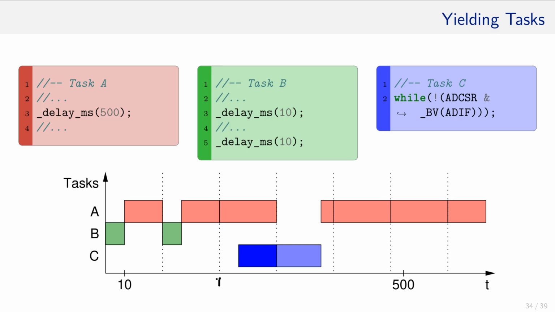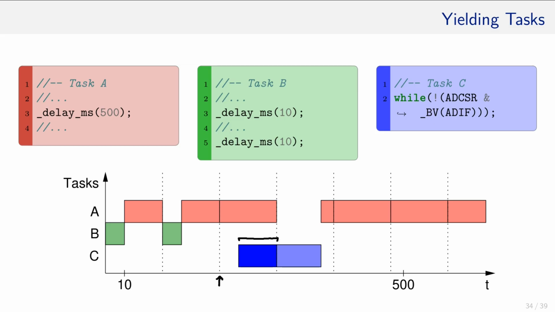At the beginning of the third time frame, no other task apart from A is ready. Hence, the CPU is given back to A. In one point in time, the ADC becomes ready, and after a short waiting time, here marked in dark blue, task C is served.